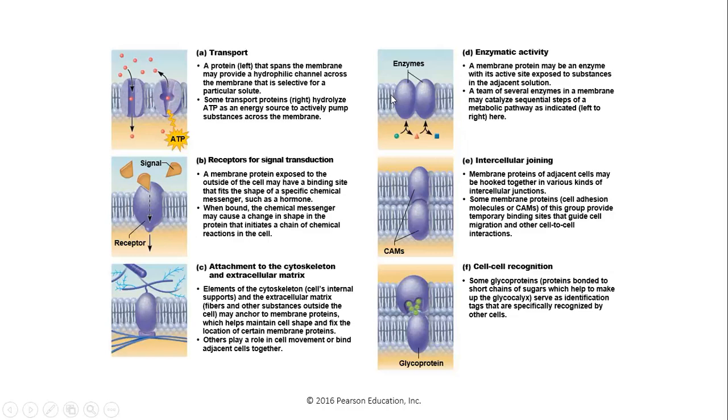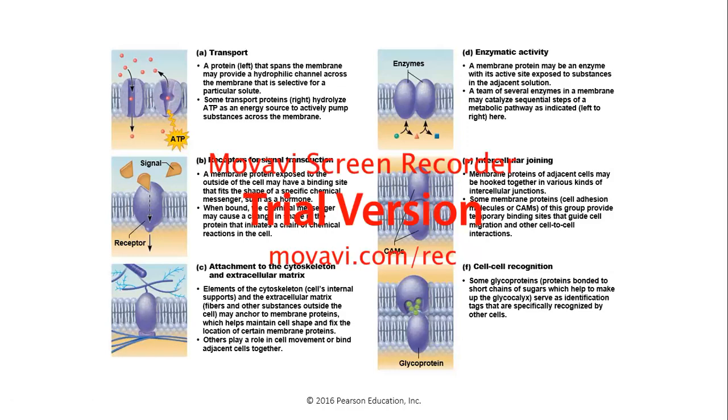A lot of enzyme activity occurs in these membrane proteins. A lot of times they have to pass a cell signal on, maybe from a receptor to something within the cell, and a lot of times that is going to occur through enzyme activity.